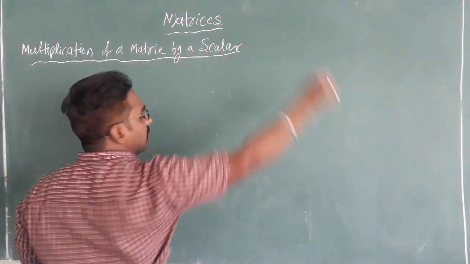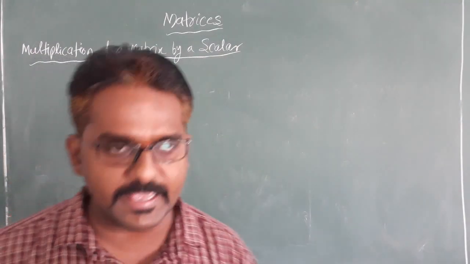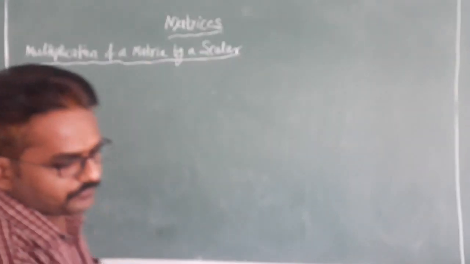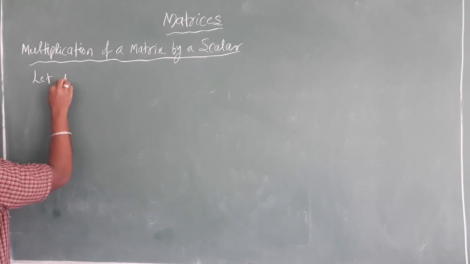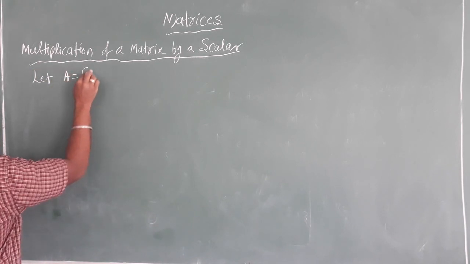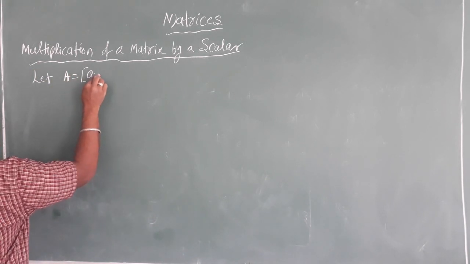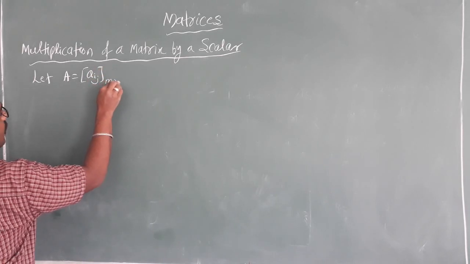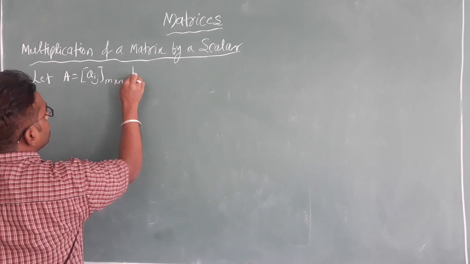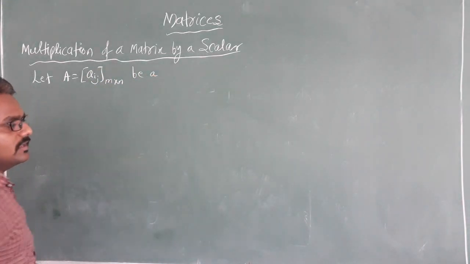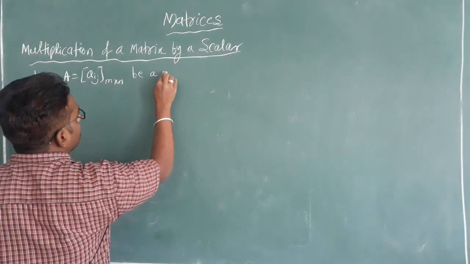Multiplication of a matrix by a scalar. See here. Let A equal to Aij of order m by n be a matrix.